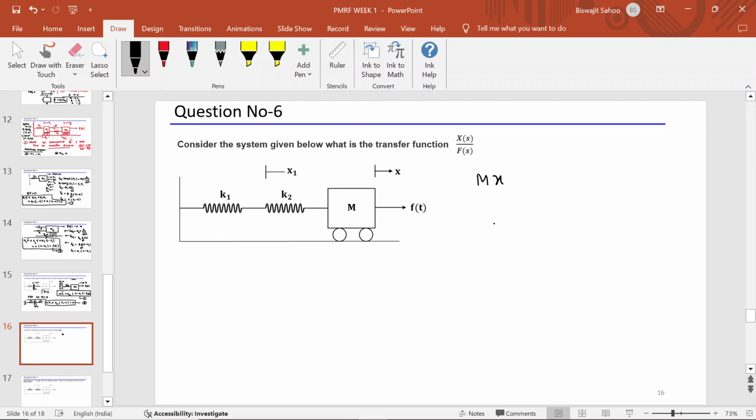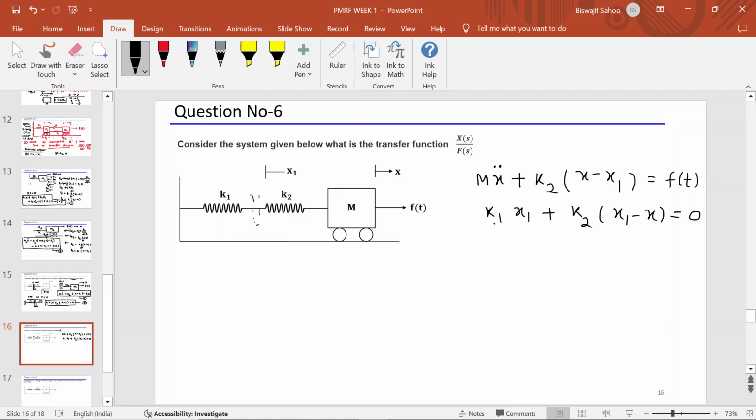M x double dot plus k2 times (x minus x1) equal to f of t is the first equation. Then it will be k1 x1 plus k2 (x1 minus x) equal to 0.